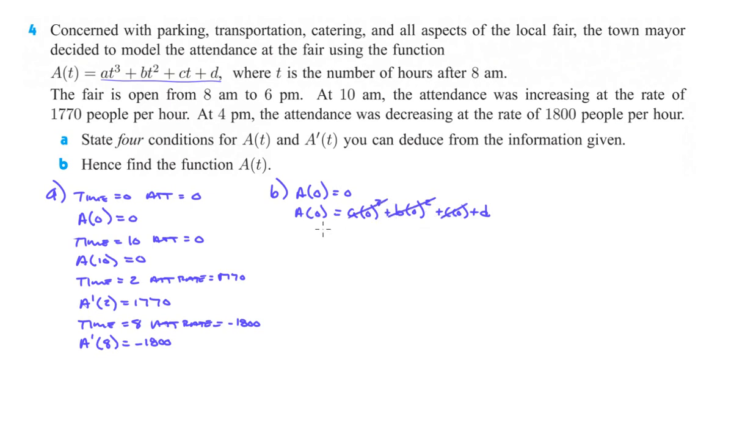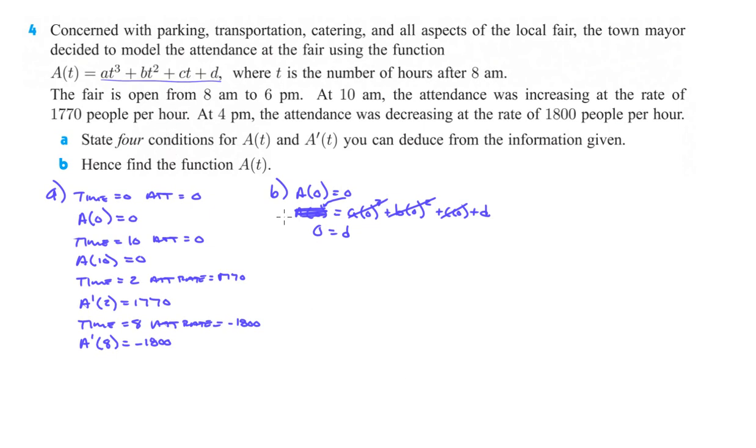So we know that 0 has to equal D, right? Because we can just simply plug in 0. Okay, so we know that D has to equal 0. And now we're going to see if we can find out what A, B, and C will equal.